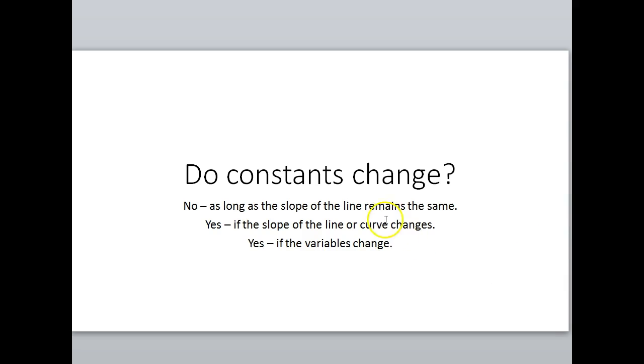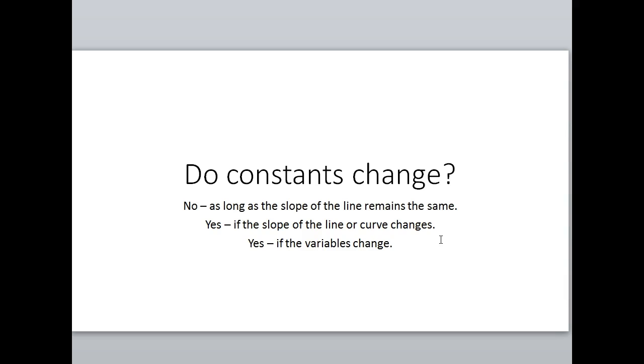If the slope has a steep angle, an angle that looks like this, that would be high. But if it has an angle that looks like this, then the constant is going to be low. Alright, so if you have x and y and the angle of the slope is the same, then the constant is going to remain the same.